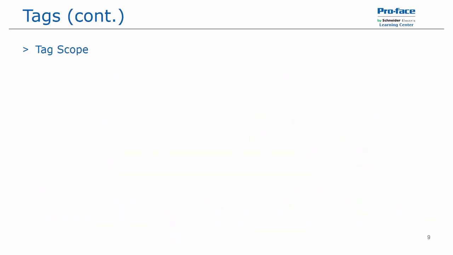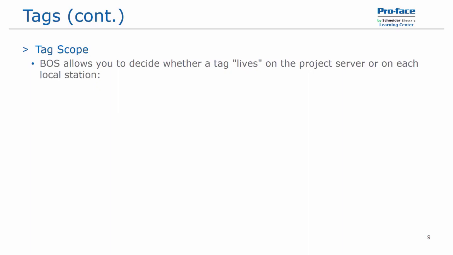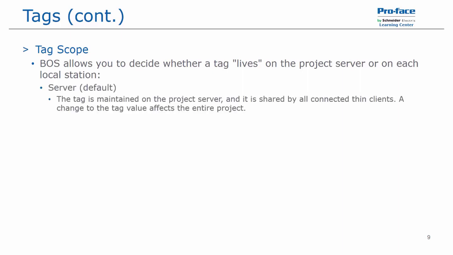In tag scope, essentially what this means is that this allows you to determine where the tag lives, either globally, meaning that it resides on the project server and all of the information is shared, or locally on each station where the data is exclusive to each one of those stations. So the two settings are server, which is the default, and this is where the data is shared between each station.